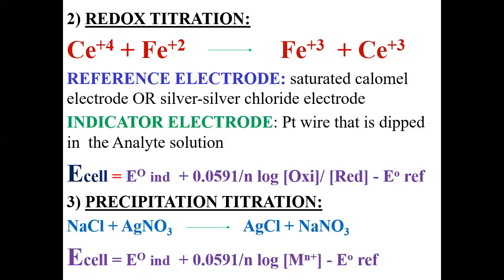For example, if there is NaCl solution in the beaker, we are adding from the burette the silver nitrate solution, and it will lead to the formation of silver chloride, a white precipitate. So this formation of AgCl can be used as an indicator.